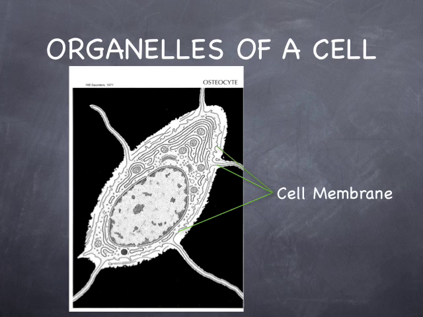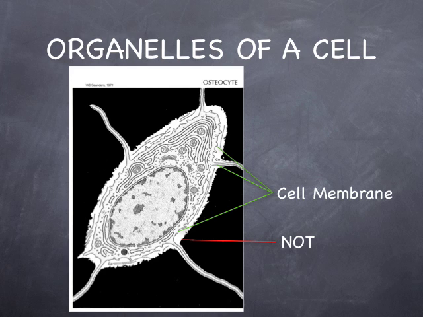Cell membrane is here, right? This is the edge of the bone forming the chamber, but you can see this is the actual edge of the cell, not the edge of this black stuff. And notice that this has its cell membrane folded into little tentacle-like structures that are going out.